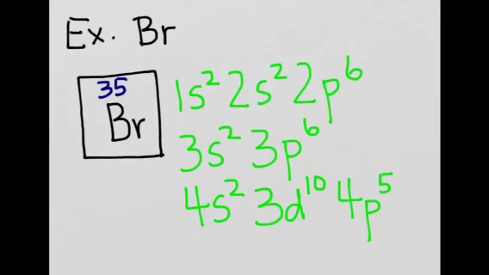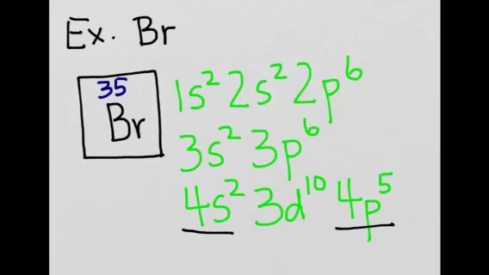So let's look at the definition of valence electrons to see where they are. They will be the electrons that are the farthest from the nucleus and at the highest energy level. What is the highest energy level that you see here? Well, the highest energy level that you see is energy level number 4.